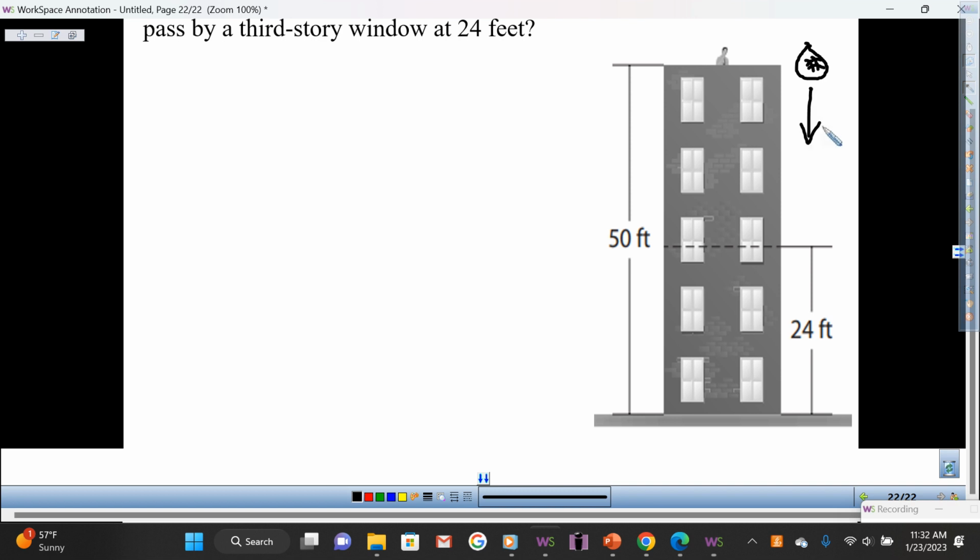There it is, and it's going to drop in that direction. All right. So let's see what they give us here in the building. They give us a height. We know that's a distance. I'm going to just label it for right now, distance, or H for height. Okay. What else do you guys notice? 24, what can we label 24? Also a distance and also a height.